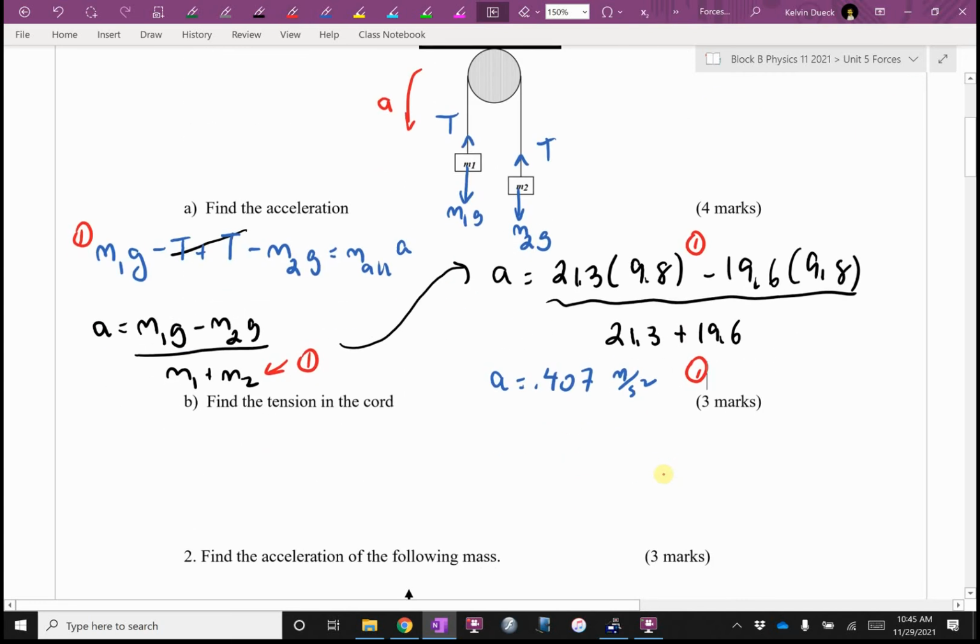Find the tension. I'm going to find the tension using, I don't know, tension mass 2. If you use tension mass 2, you'll get tension minus M2G equals M2A.